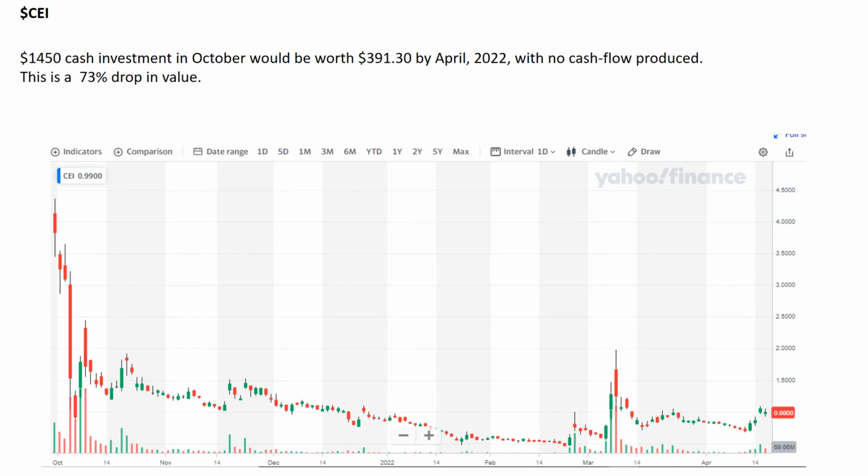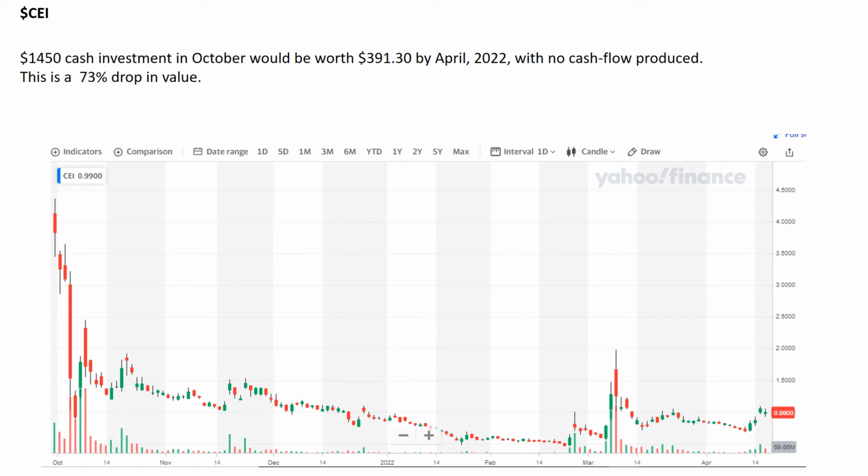So if you, for example, had invested $1,450 in buying CEI in October, your asset would have been worth $391 by April 2022, and no cash flow would have been produced. This is a 73% drop in value of your capital.